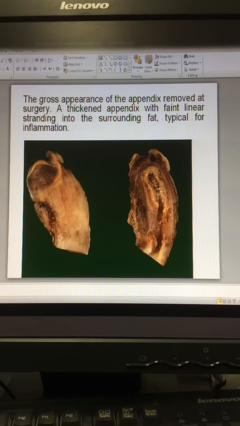Gross examination of the excised appendix revealed that the outer surface, which is covered by serosa, is markedly opaque due to accumulation of fibrin and inflammatory exudate.